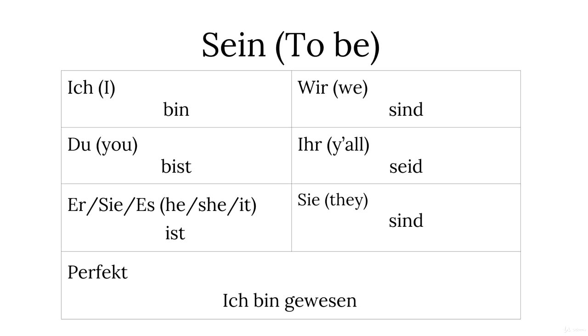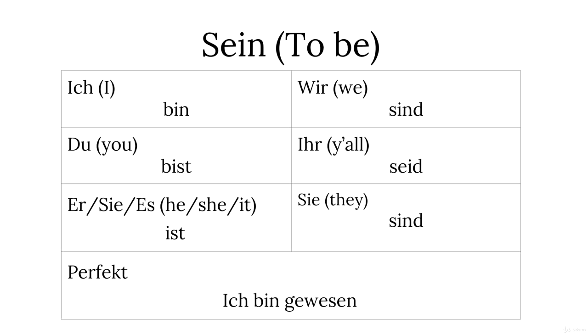Therefore, you say ich bin, du bist, sie es ist, wir sind, ihr seid, and sie sind. All of those things are old stuff to you.